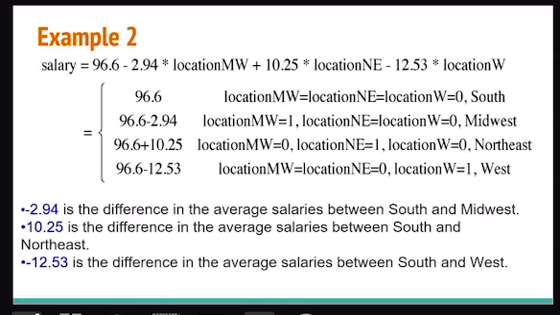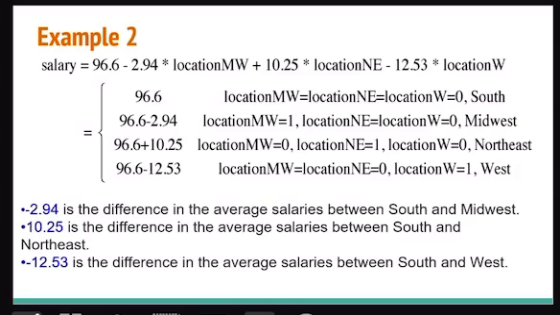Okay, I want to move right now to a situation where, in example one, I only considered two categorical predictors, each with two levels. What about a situation where one of the categorical predictors has more than two levels? There's a possibility that the levels of one categorical predictor may be different from others.